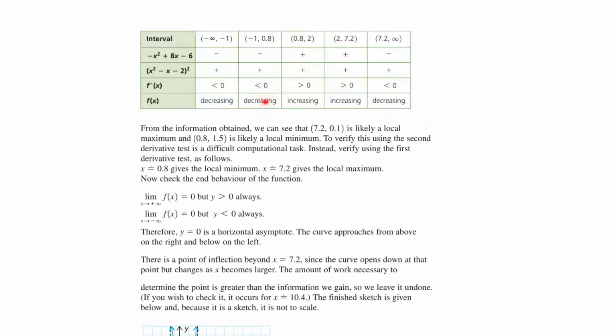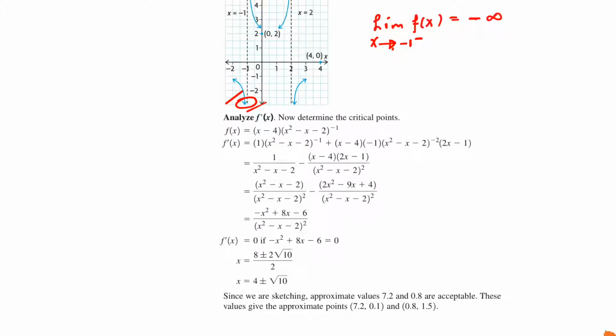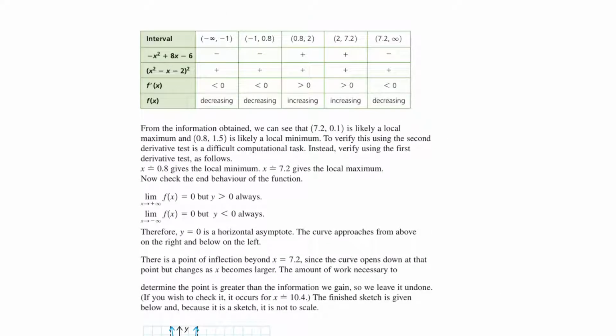For x between -1 and 0.8, it is negative. Between 0.8 and 2, positive. The derivative is positive when x is between 2 and 7.2, and it is negative when x is more than 7.2. 7.2 and 0.8 are the critical numbers. This way we know when the function is increasing and when it is decreasing.